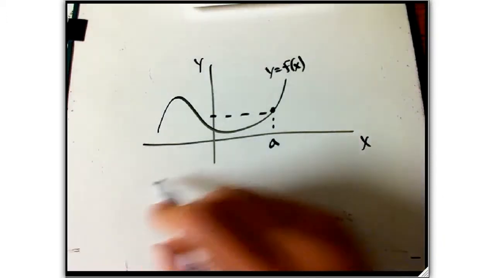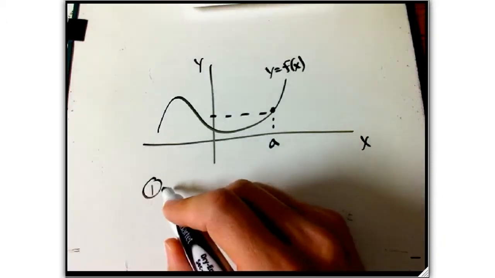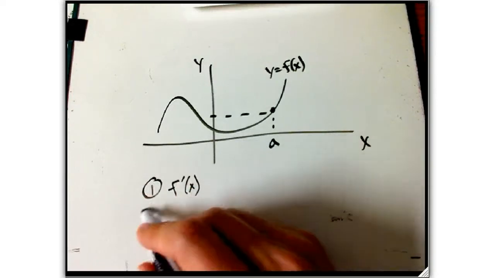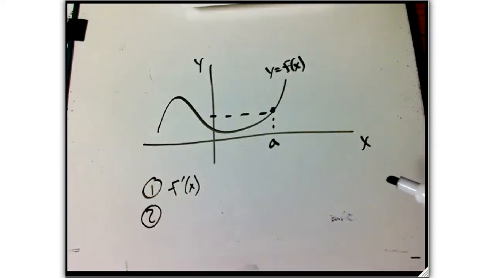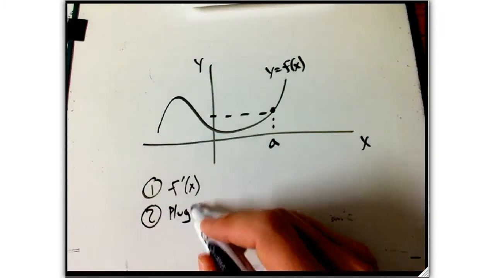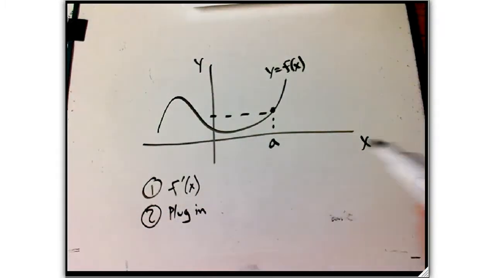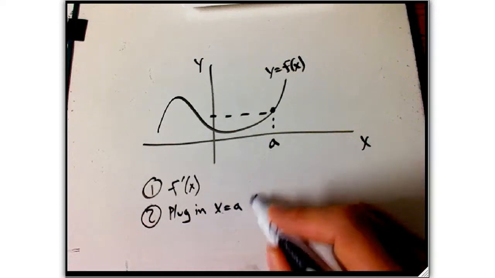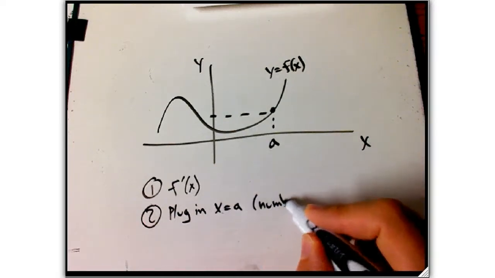So what we've been doing is taking f of x and calculating f prime of x. That's a function, and that has x's in it. Then a really crucial step that people often forget, and they often forget more in the version I'm going to tell you in a minute: plug in x equals a, the specific number.